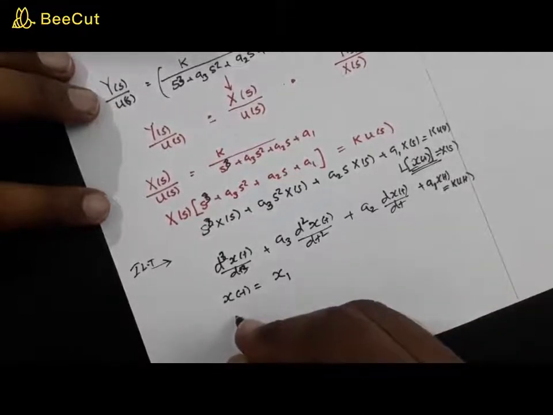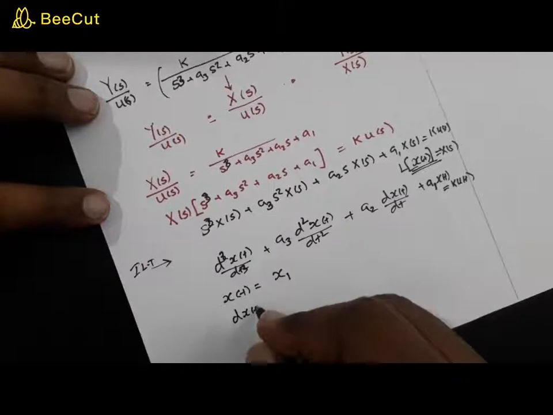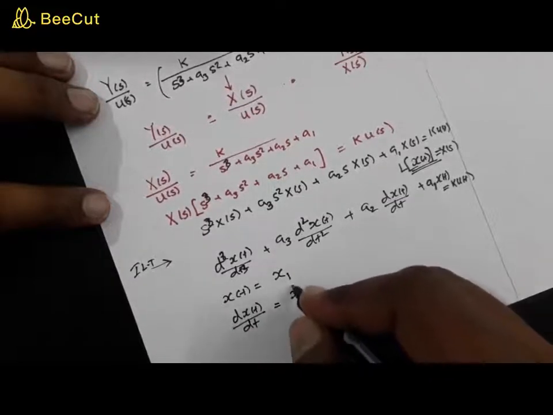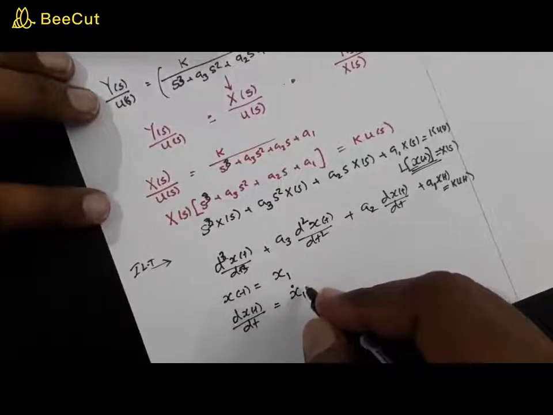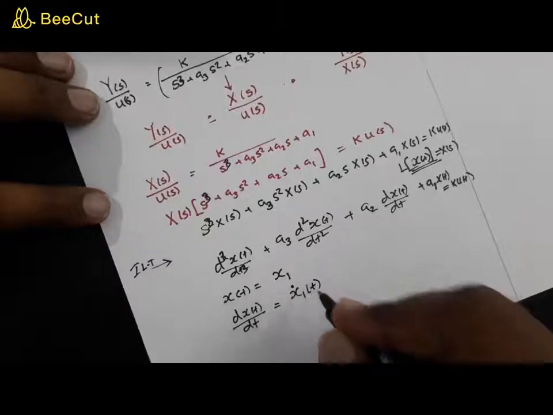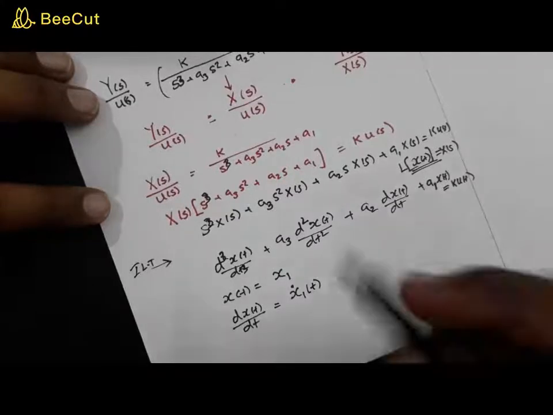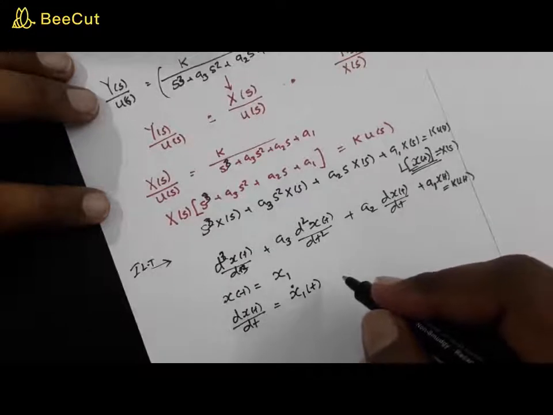And what must be dx of t by dt? dx of t by dt will be x1 dot of t. x of t is equal to x1, x1 dot of t, right?